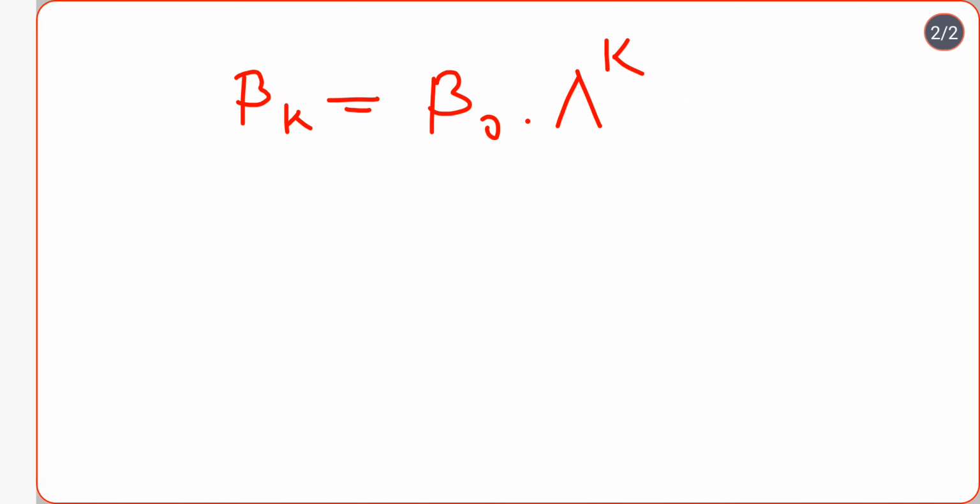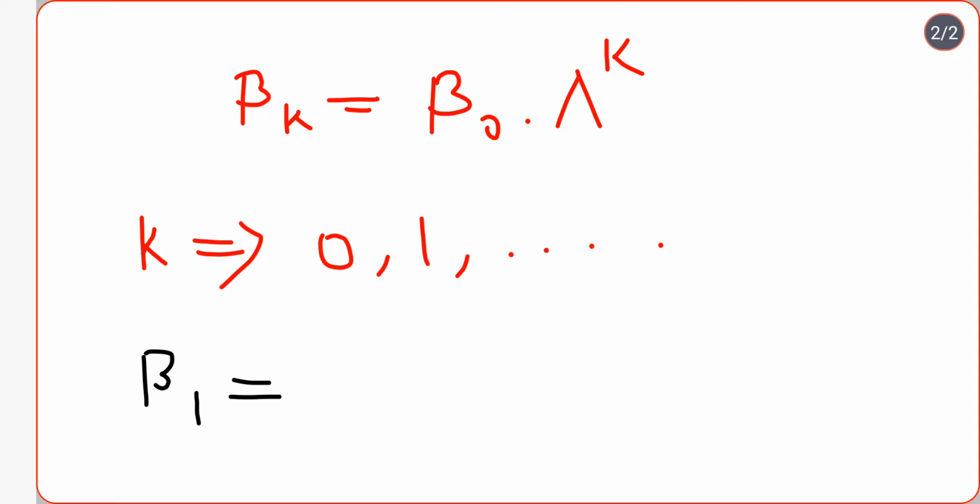Now this k is going to continue from 0 to 1 and it will go up. The concept here is, if we have to estimate beta 1, it is going to depend on beta 0, on lambda, and on k, right?